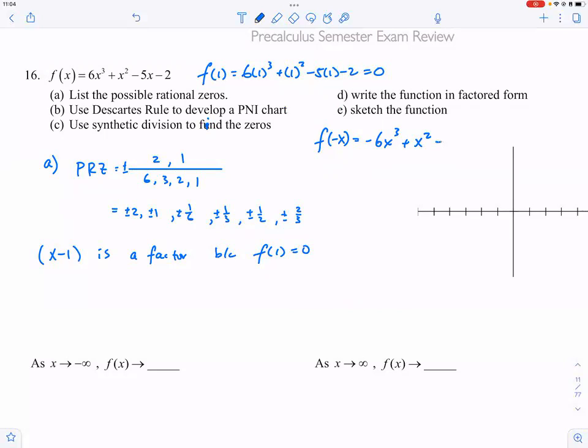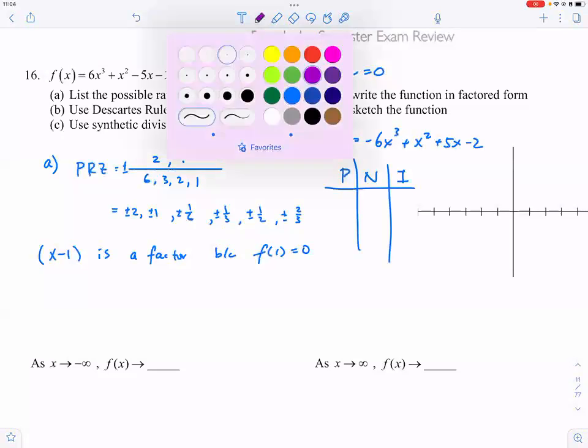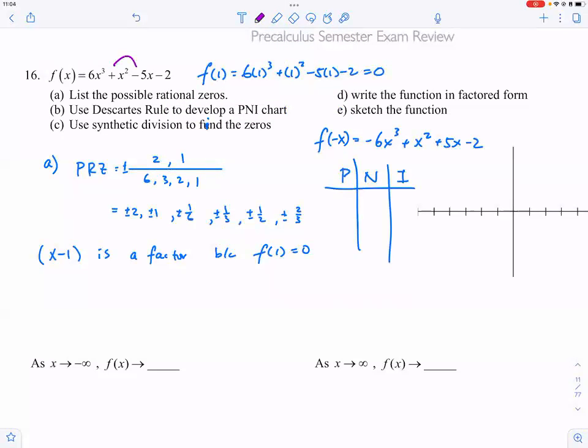So no sign changes for those cases. All right, so we have f of x and f of negative x. So P, N, and I. So we count the sign changes. Then we use a different color. So for positive x, there's only one sign change.